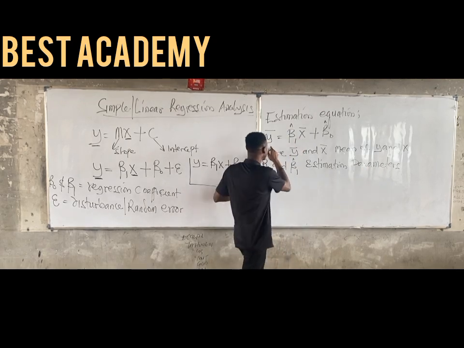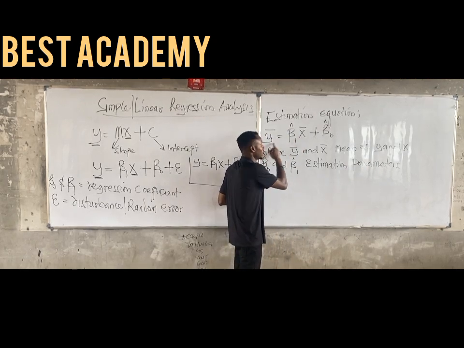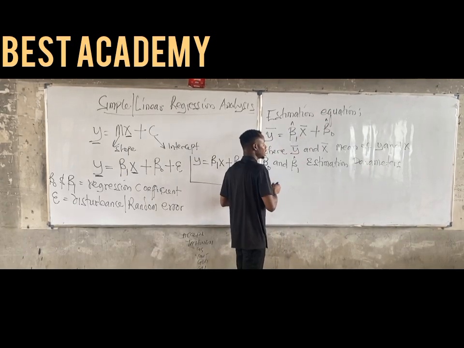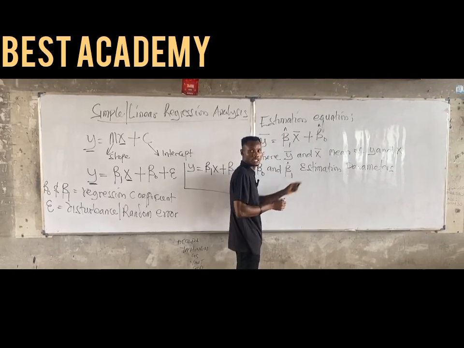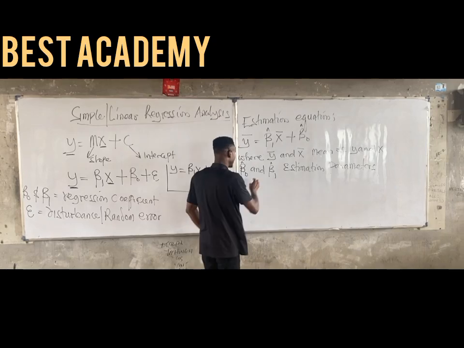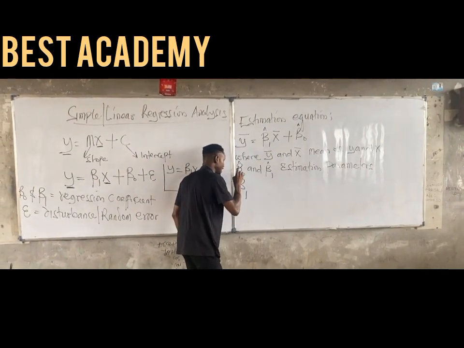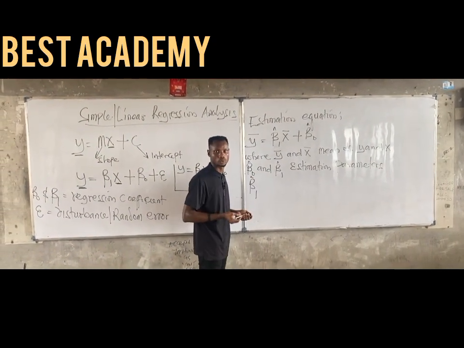Class, if y bar is given, and x bar is given, and again this term here is given, can I calculate this one? Yes, I will just make it the subject. Now, this beta 1 hat has a formula. What is the formula here?